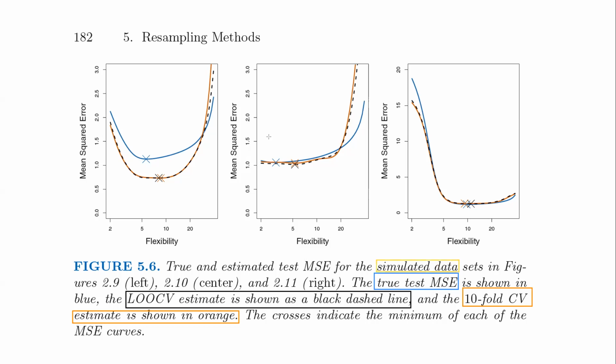They knew the parameters of the distributions in advance. They knew the betas in advance, they knew the epsilon in advance. What we see is there is a tendency to underestimate the true mean squared error.